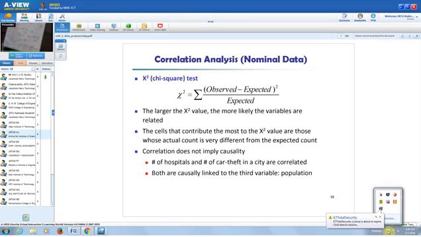Now, if you consider the female, how many females in fiction? The fiction proportion is 450, but how many females are there? There are 1200 females.